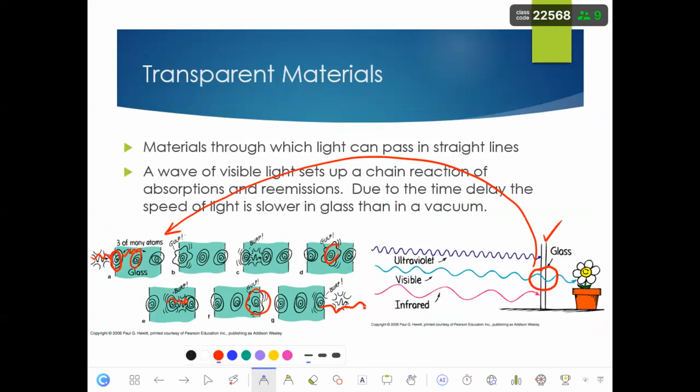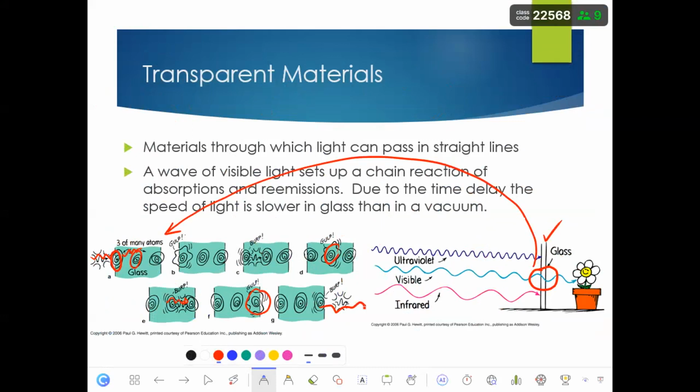The transparent material passes just the visible light, but absorbs or reflects the other electromagnetism waves or lights. In physics, we call this material transparent material.